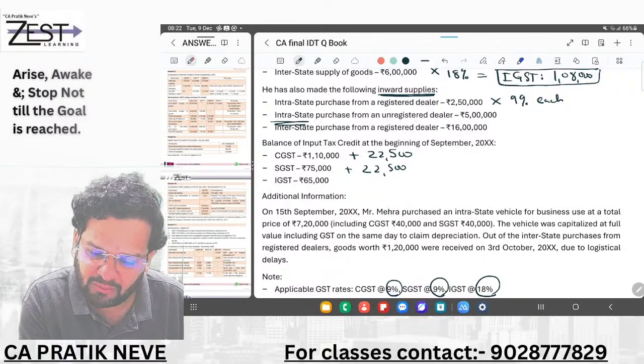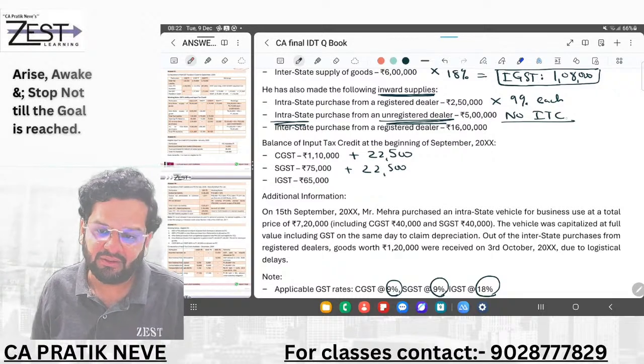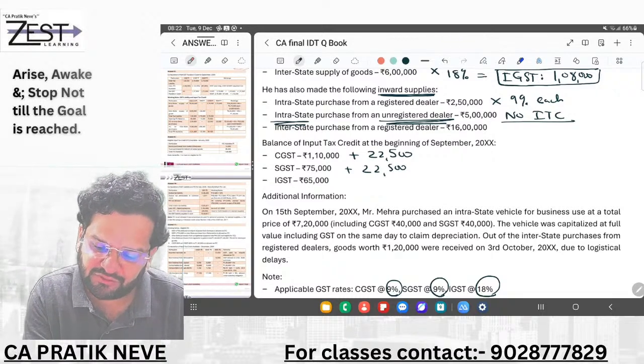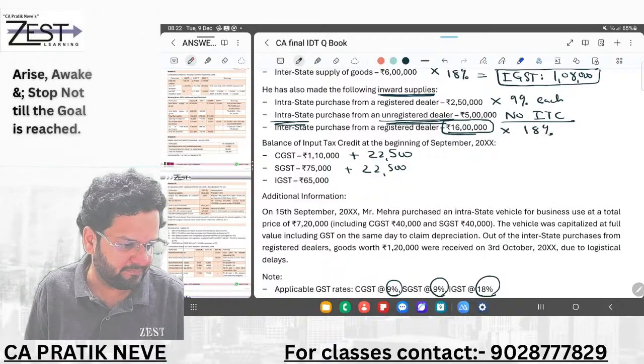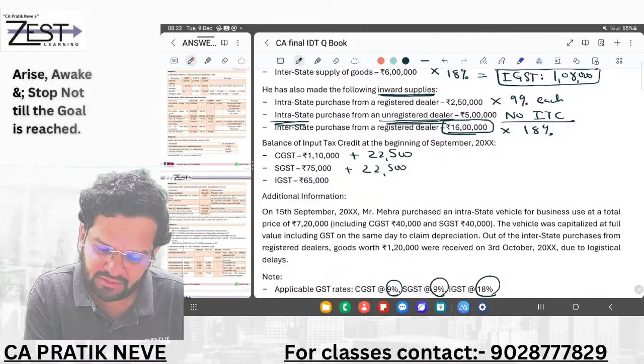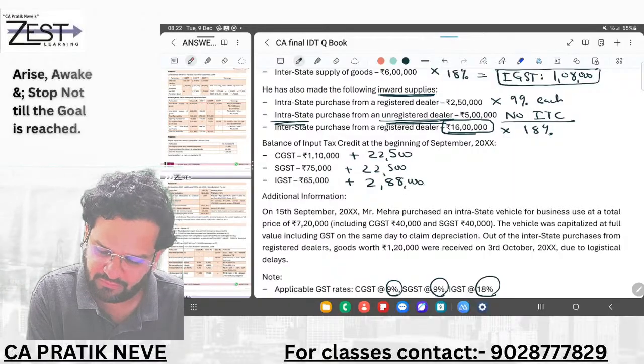Intrastate purchase from unregistered dealer, there will be no ITC in this case. And interstate purchase from registered dealer, so on the 16 lakh, calculate at 18%. So it is 2,88,000.